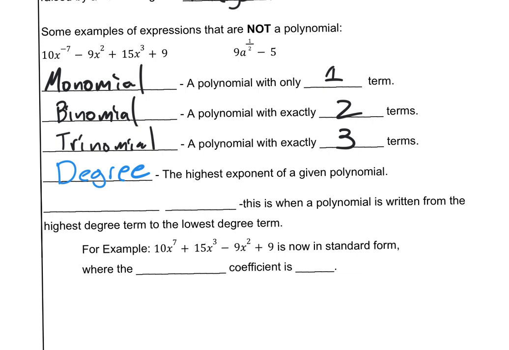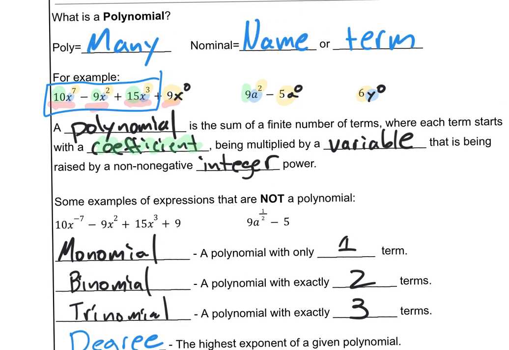And the last special term I want you to learn here is standard form. And this is when a polynomial is written from the highest degree term to the lowest degree term. So if we take this expression up here, we start with the highest, but notice it should be a 3 here, then 2, then 0.